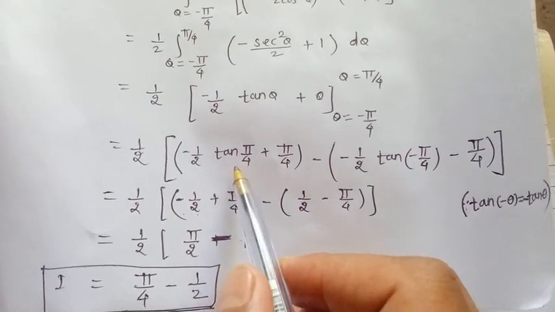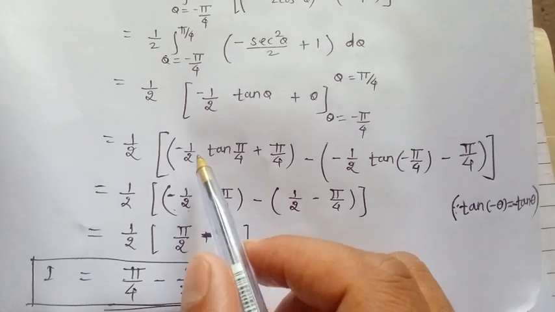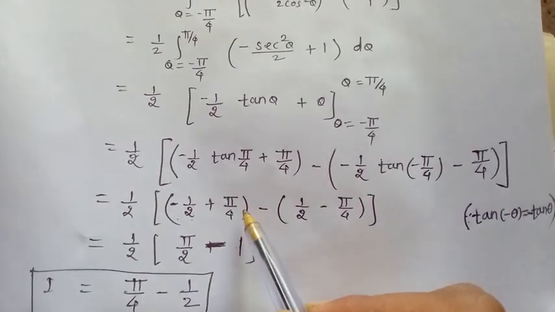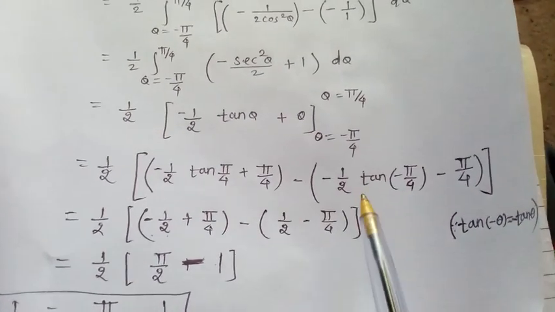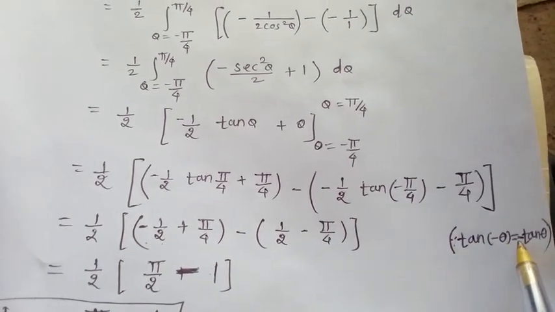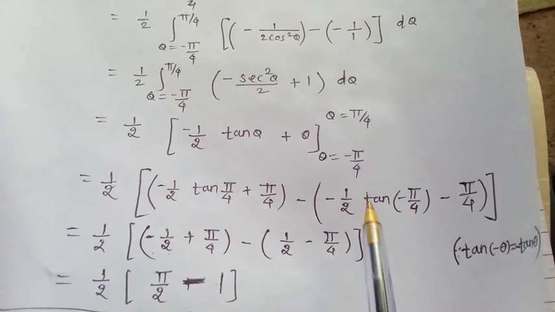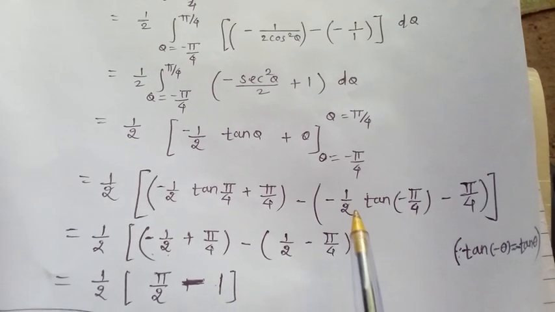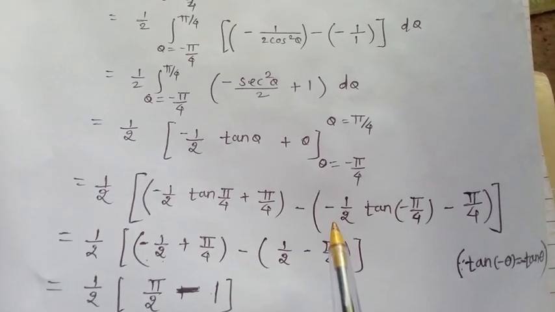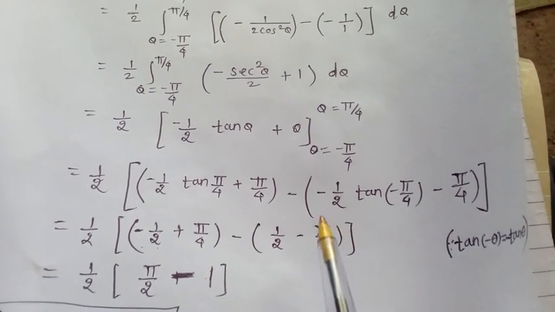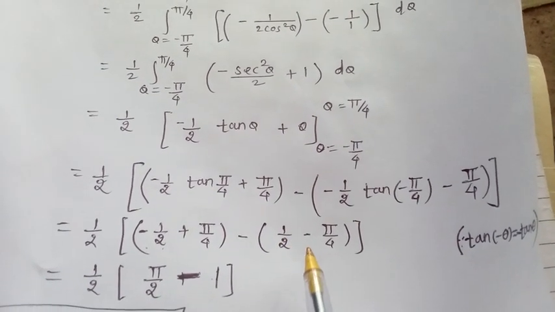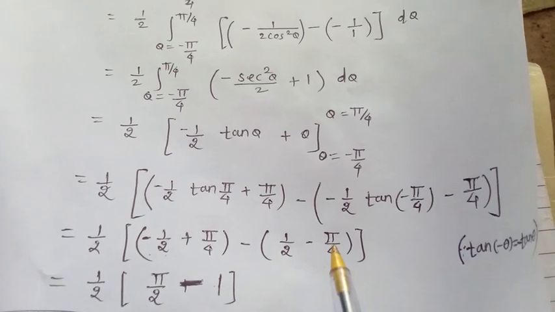We know that the value of tan pi by 4 is 1, so minus 1 by 2 into 1 is only minus 1 by 2, plus pi by 4 as it is, minus. Here tan is an odd function, meaning tan of minus theta is minus tan theta. Therefore tan of minus pi by 4 is minus tan of pi by 4, and with this minus 1 by 2 we get plus 1 by 2 into tan pi by 4, and the value of tan pi by 4 is 1. Therefore only 1 by 2 is here, minus pi by 4, as it is.